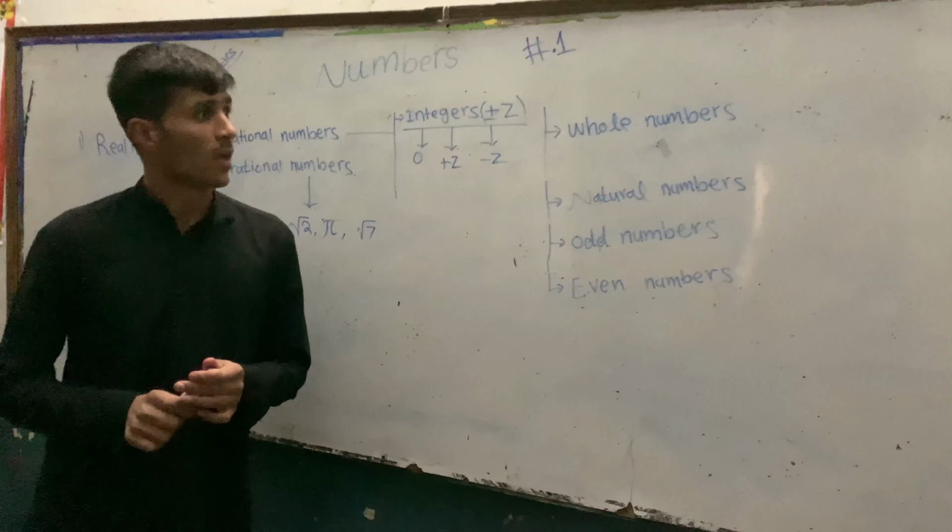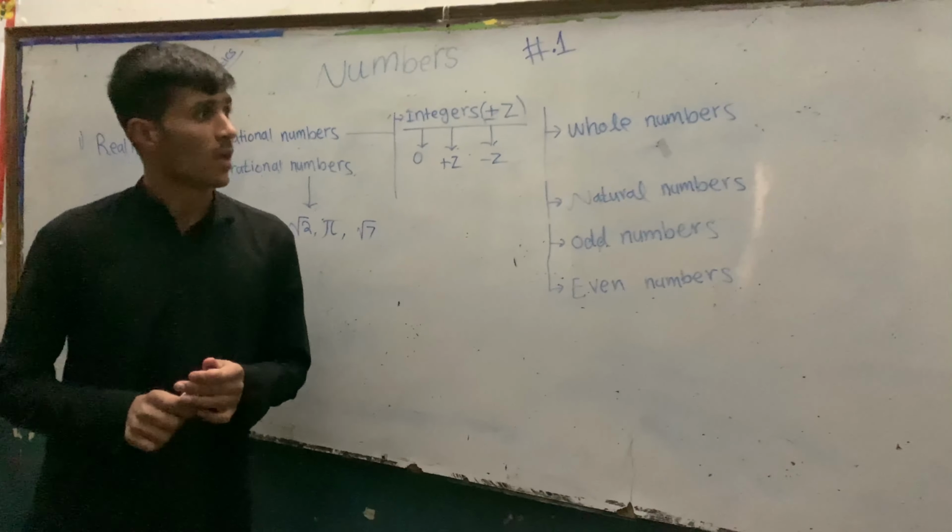Real numbers are denoted by R. R equals rational numbers, denoted by Q, union, this is the symbol of union, irrational numbers, denoted by Q prime. So whenever rational and irrational numbers are brought together, they give a set. That set is called real numbers. I hope you got it.